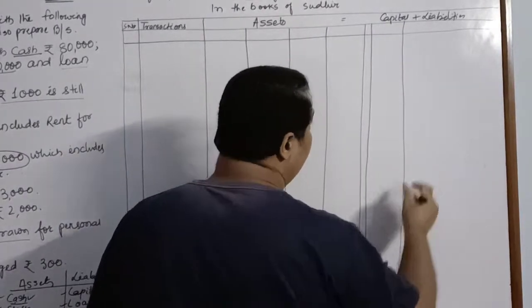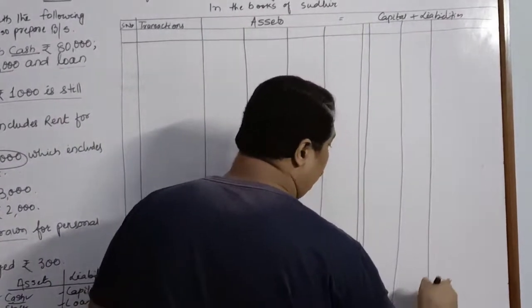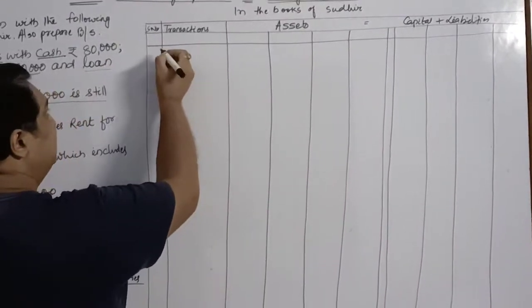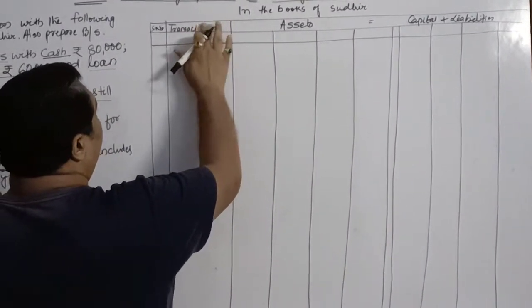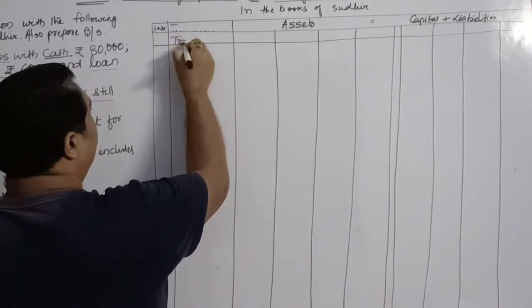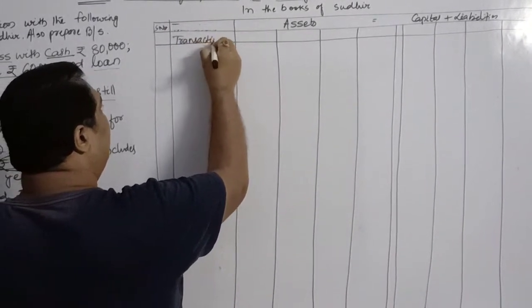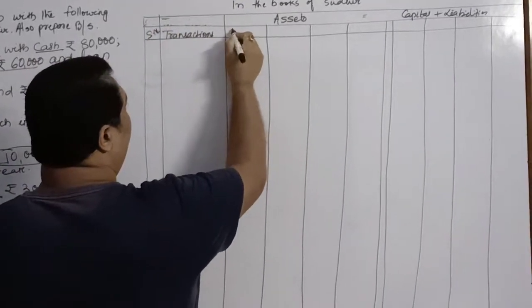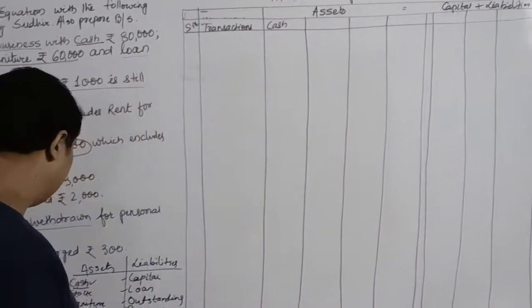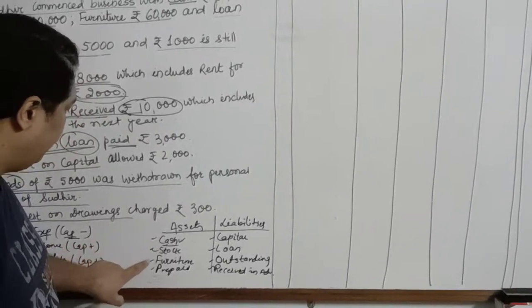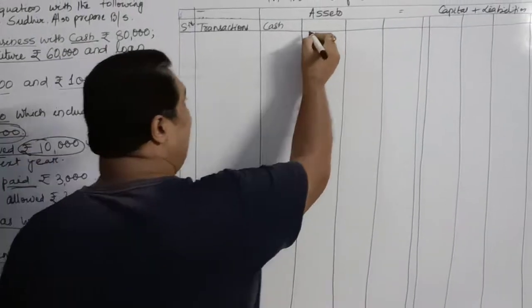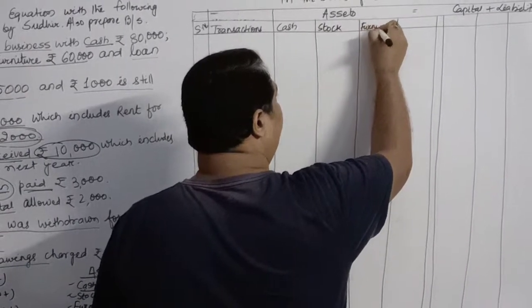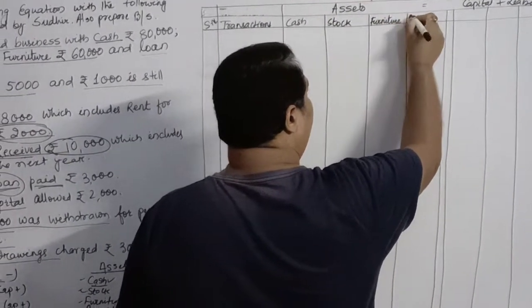Once again 1, 2, 3 and 4. So on the asset side, we will write, first one is cash. Cash, stock, furniture and prepaid.